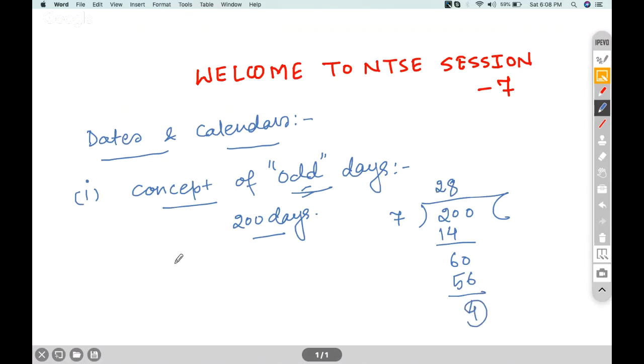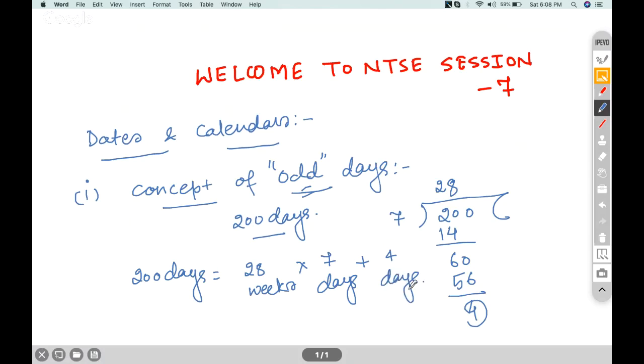It means that 200 days I can write as 28 weeks multiplied by 7 days plus 4 days. 4 days are those days which are not part of any complete week. So the number of odd days is equal to 4 days.